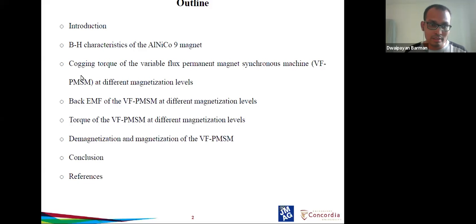Subsequently, I will analyze the results of back EMF and torque of the variable flux machines which are obtained from JMAG at different magnetization levels. Another issue of the variable flux permanent magnet synchronous machine is demagnetization and magnetization of the alnico-9 magnet, which will be discussed later in detail. And finally, the presentation will be concluded.